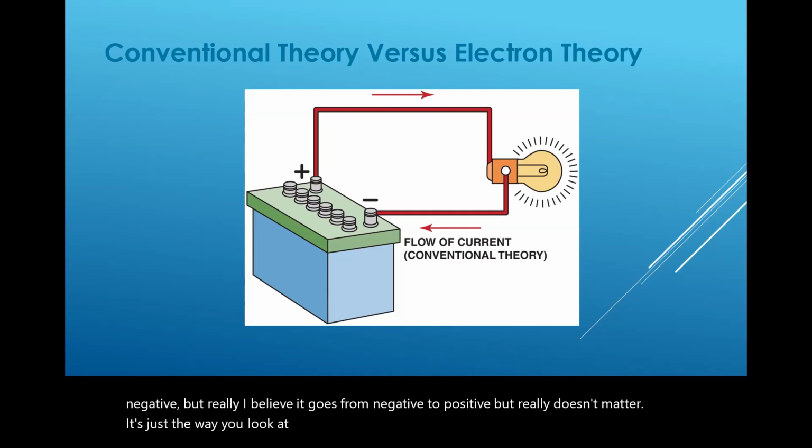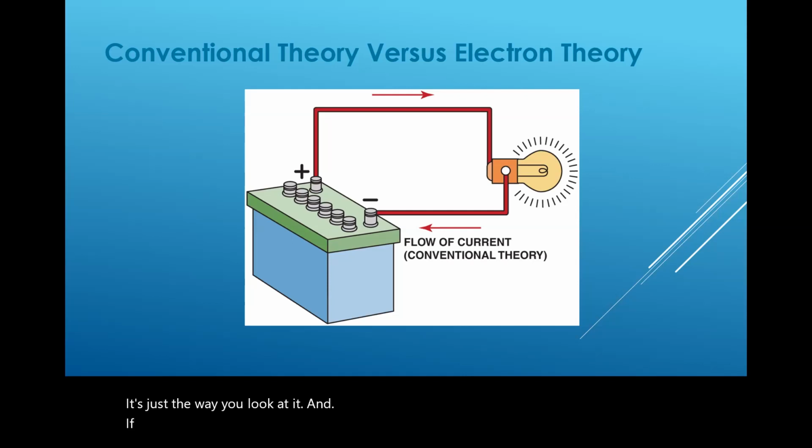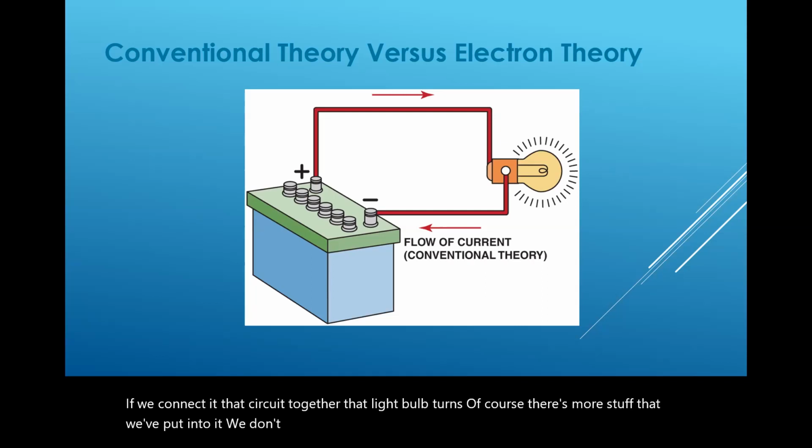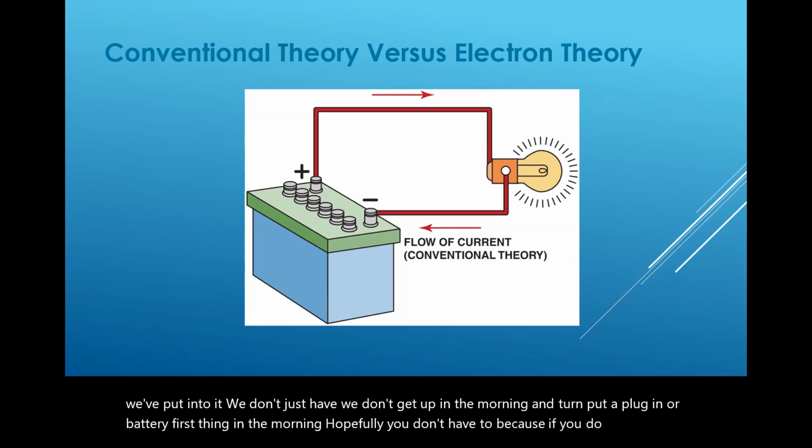And if we connect that circuit together, that light bulb turns on. Of course, there's more stuff we put into it. We don't get up in the morning and plug in our battery first thing in the morning. Hopefully you don't have to, because if you do, then there's probably a problem with the car.